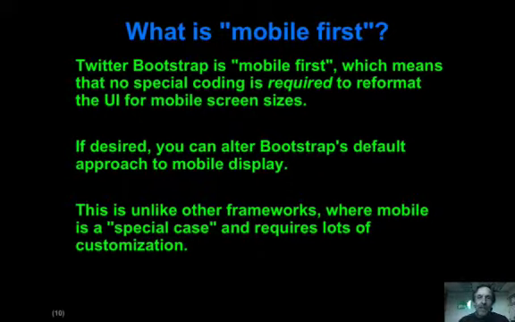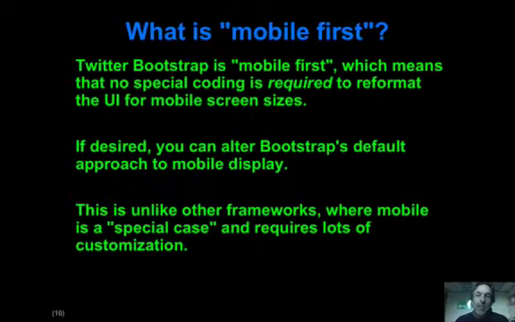You basically design things for a laptop, and then you start to worry about mobile after you've finished with the laptop, and then you kludge something together that would seem reasonable on a phone. With Twitter Bootstrap 3.0, one of the things they did is they said, listen, in the future, basically all of us are going to be interacting with the internet mostly through phones and that particular form factor.